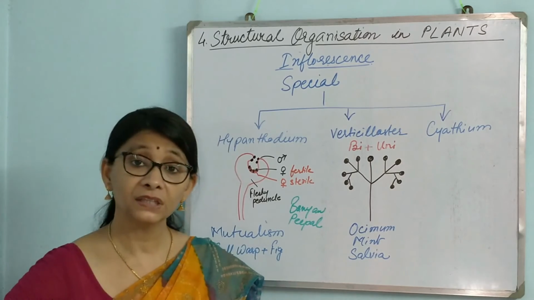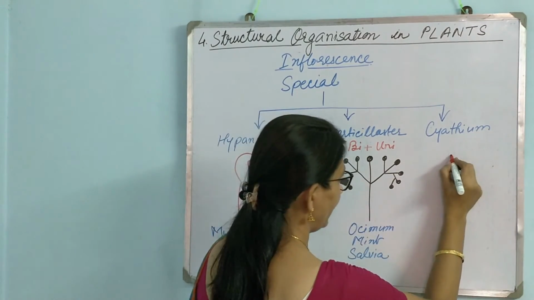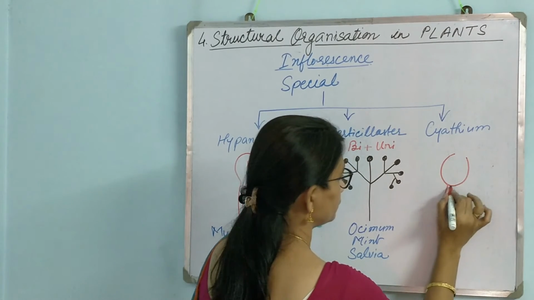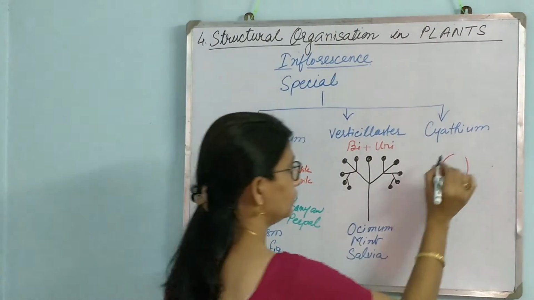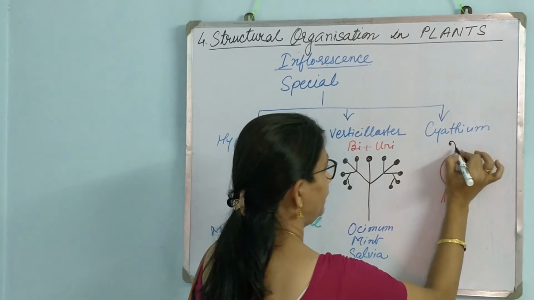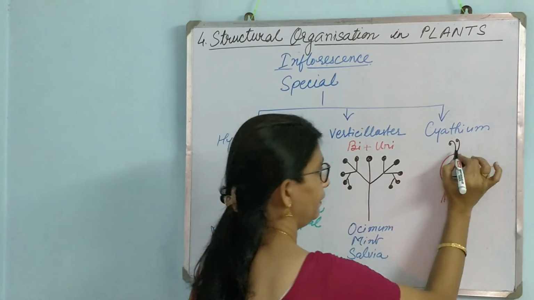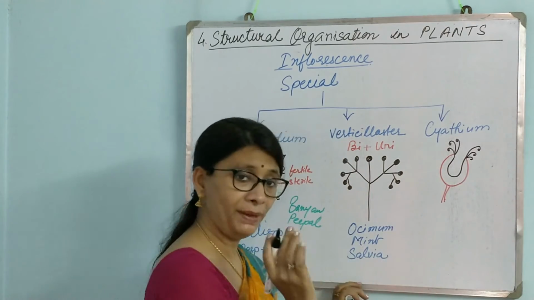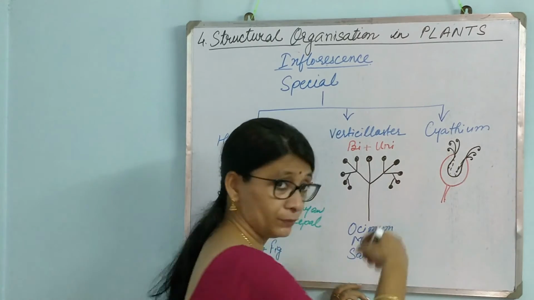Now let us talk about the third type of inflorescence, that is cyathium. Here also we have something like a flask. And inside, on the surface itself there are few male flowers, and their connection is from the bottom itself.